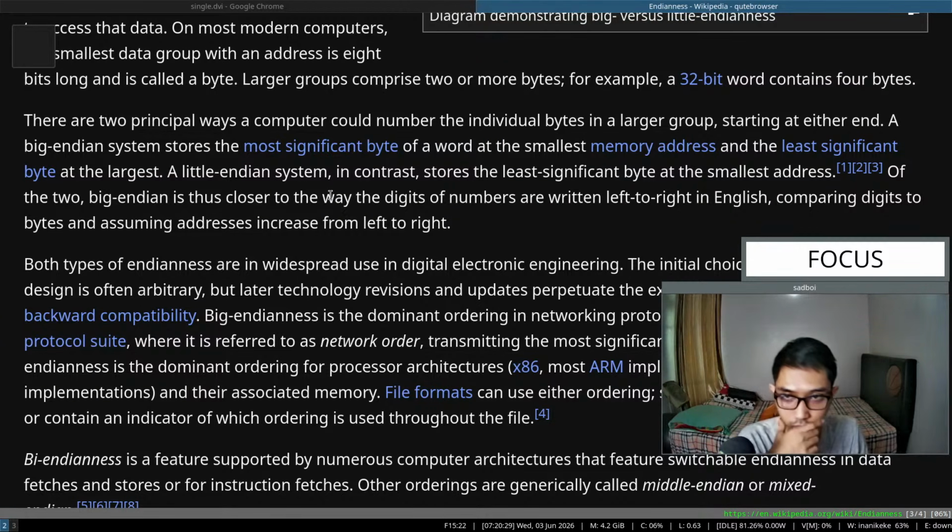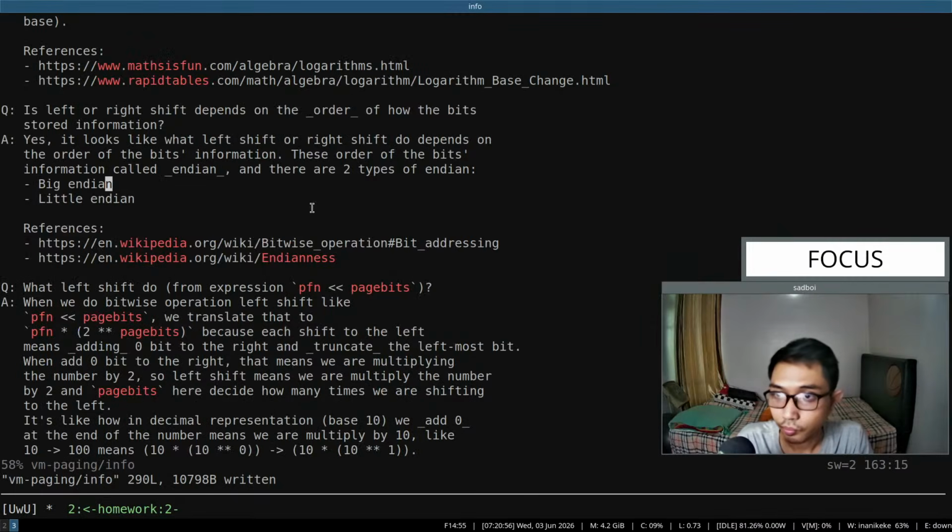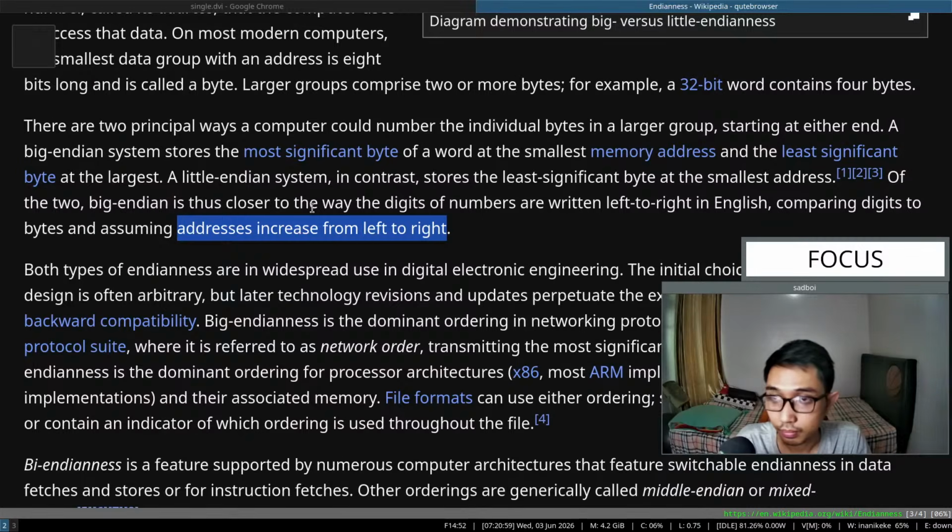Okay. Big endian is thus closer to the way the digits of a number are written left to right, comparing digits to bytes and assuming addresses increase from left to right. Okay. How do I explain this?